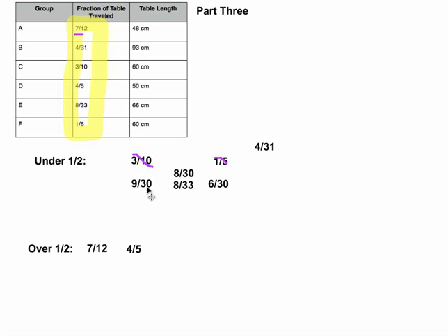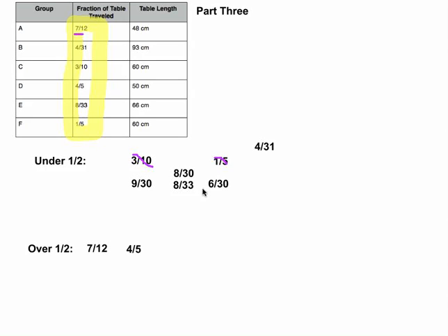So I can use that reasoning. Now I know this has a bigger denominator than the 6 out of 30 because it's really 8 out of 33, but we're saying if our table was only 3 centimeters bigger, that means the mealworm in just that 3 centimeters of difference would have traveled 2 centimeters further. That's still quite a bit.